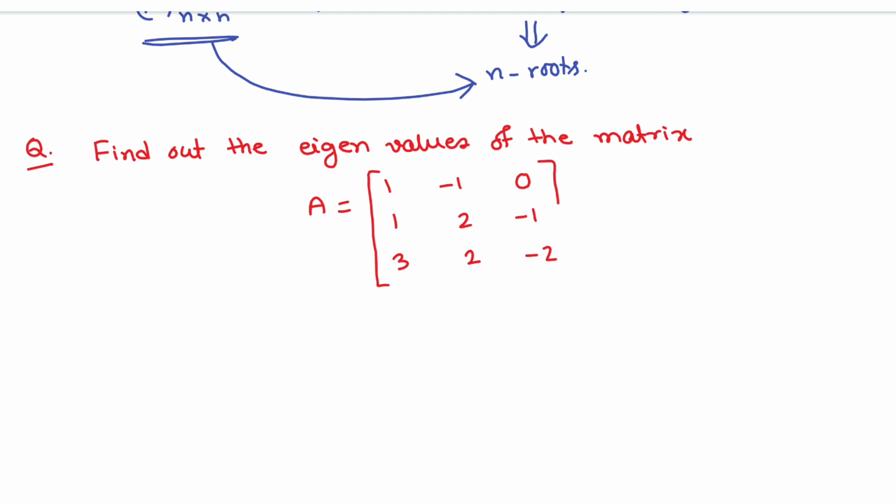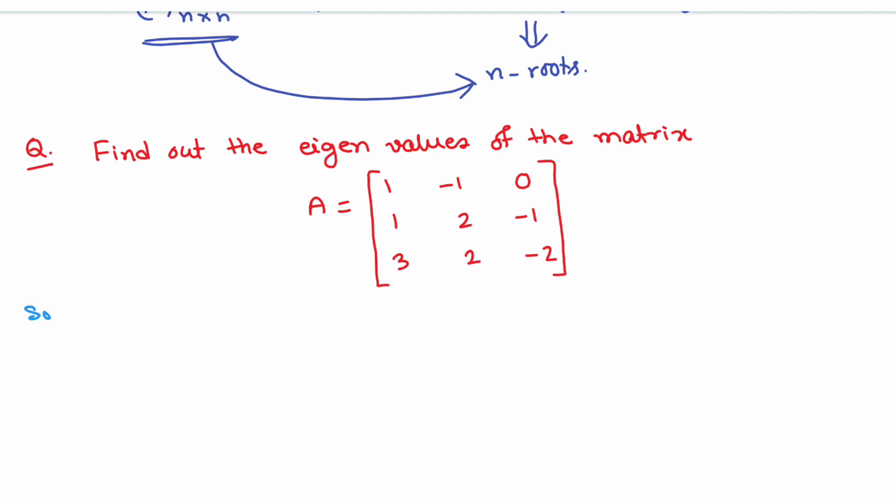Okay, this is your matrix A. So first of all, you have to find out the characteristic equation. Okay, so you know how to find out the characteristic equation. You have to solve determinant of A minus xI.